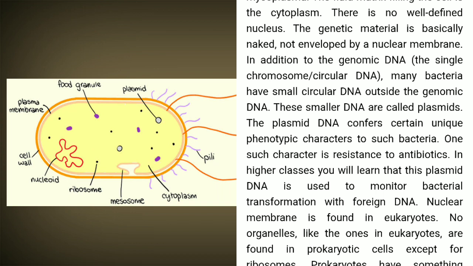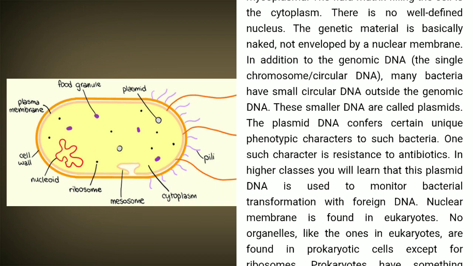Now let's discuss the nucleus, which is present inside a bacterial cell. As you know, the prokaryotic cell does not have a well-defined nucleus. It is said not to be well-defined because they do not bear the nuclear membrane which encloses the DNA, the genetic material within the cell.